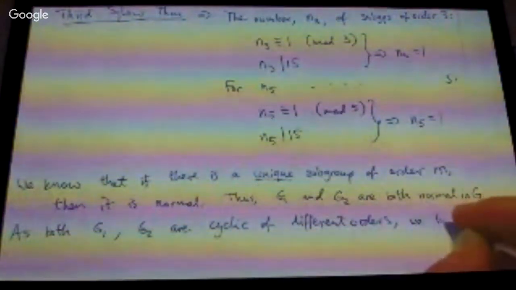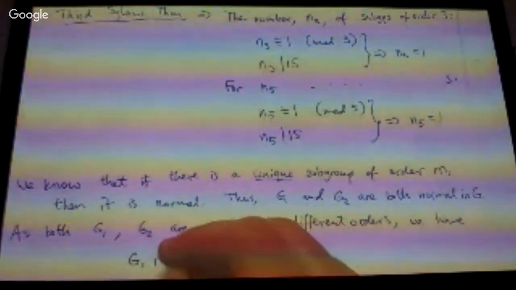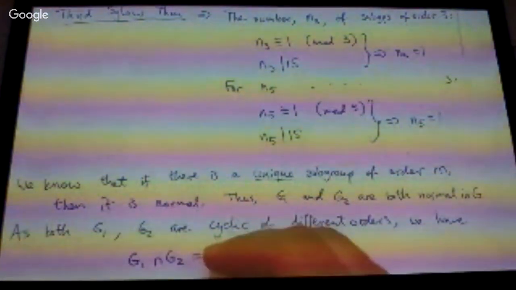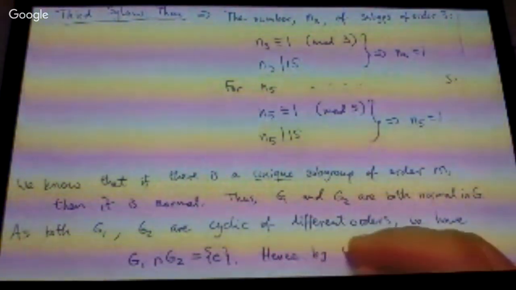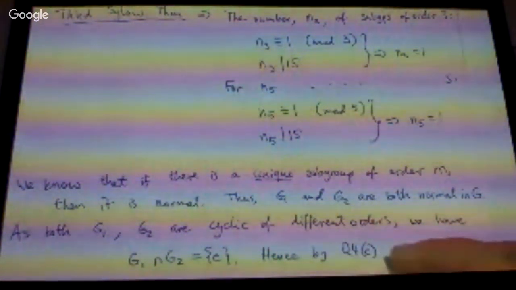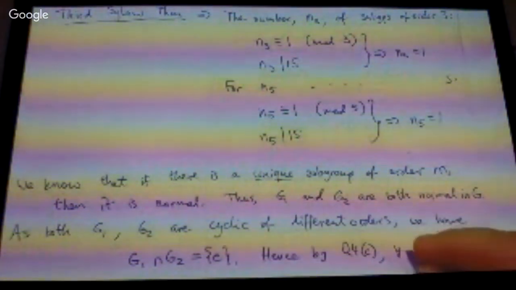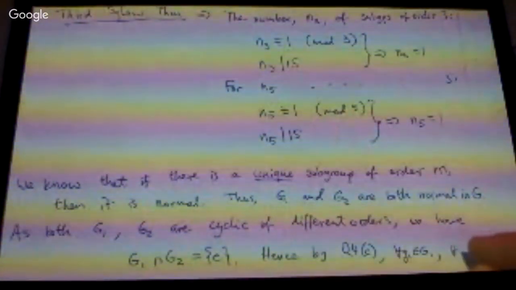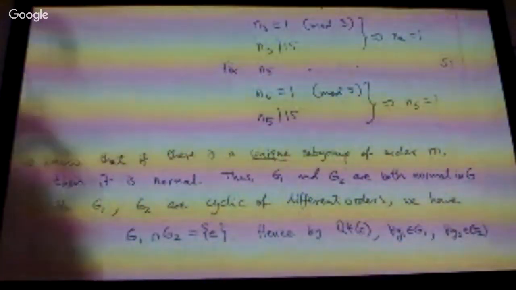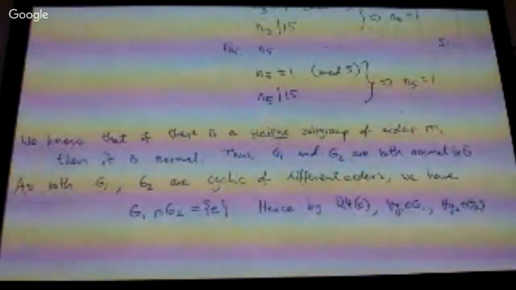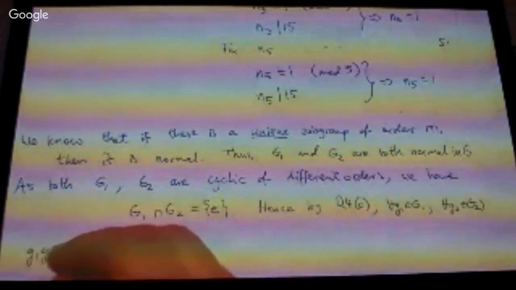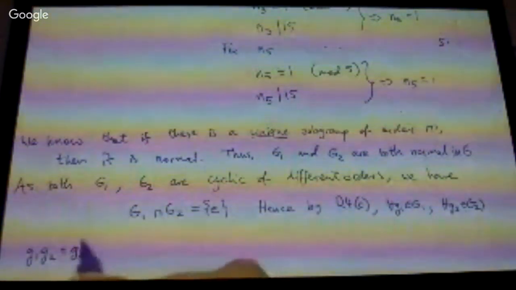We have that they only intersect in the identity, and both are normal, hence by the fourth C, whenever I take g1 in G1 and g2 in G2, that last bracket is probably a comma, because it can't be anything else, we get g1 g2 equals g2 g1, and now I still don't know what to do.